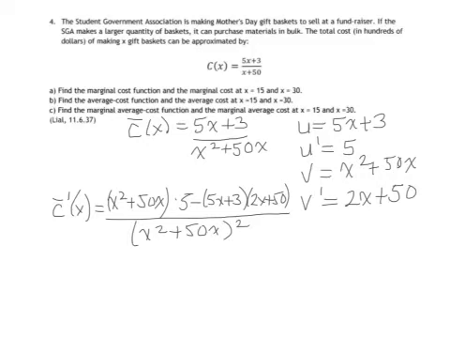Okay. So what we need to do now, of course, is expand the brackets in the numerator, simplify the terms to get a simplified version of the marginal average cost function.